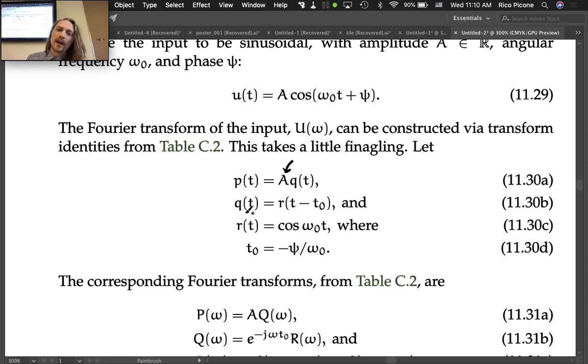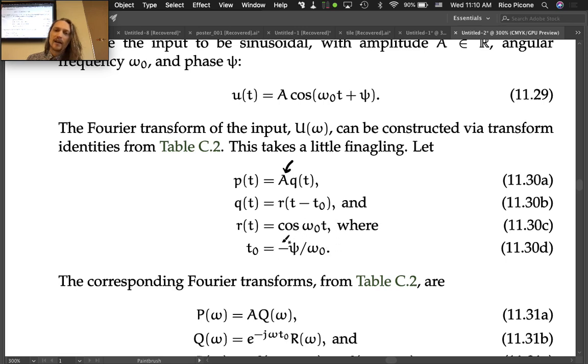Then we've also got this: Q, another function of time, which is another function of time, R, with the time being shifted in R. So we have this time shift we need to take into account. And this phase shift is essentially why we need to do that. And finally, we have a sinusoid as well at a given frequency.